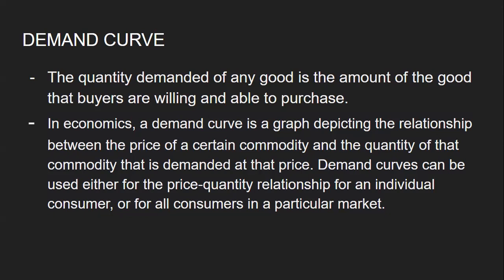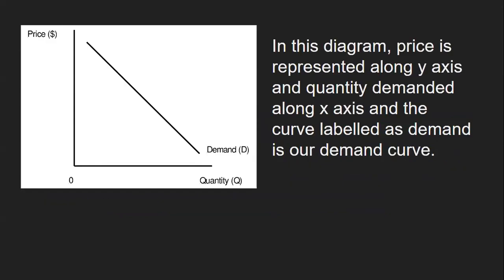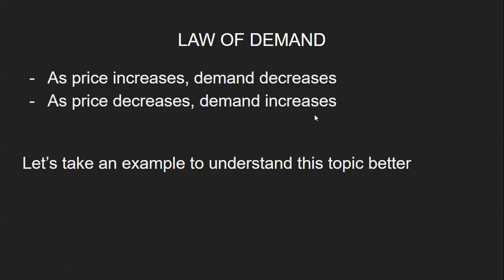Let's have a look at the graphical representation of the demand curve. In this diagram, price is represented along the y-axis, quantity demanded is represented along the x-axis, and the curve labeled demand is our demand curve, which depicts the relationship between price and the quantity demanded at that price.